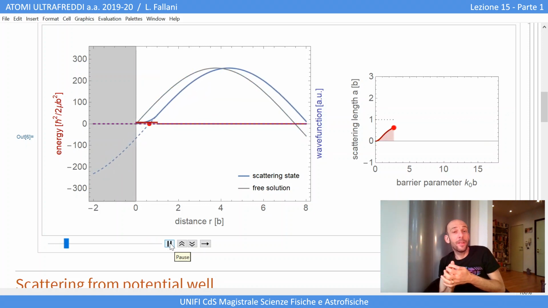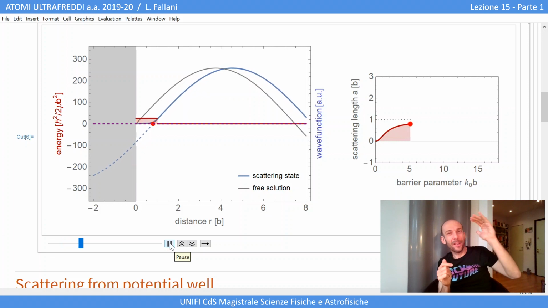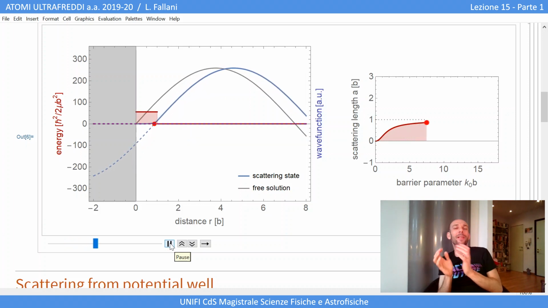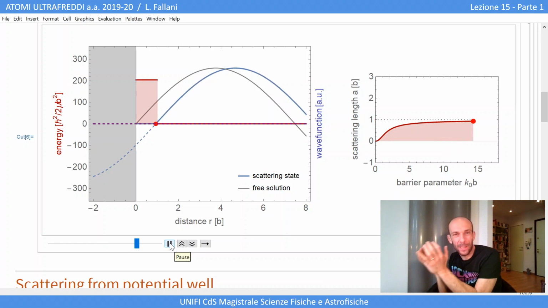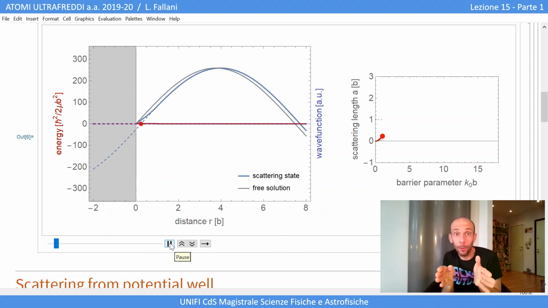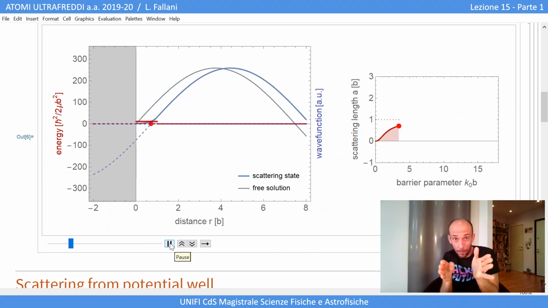And so you see here that when the barrier is very large, the scattering state has a node in correspondence to b, so the actual scattering state vanishes in b, and so the scattering length becomes equal to the width of the barrier.